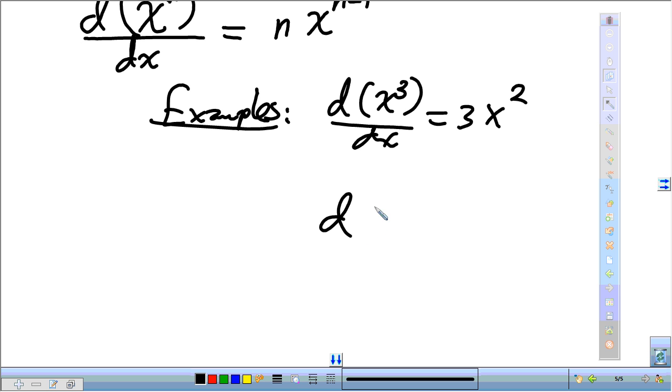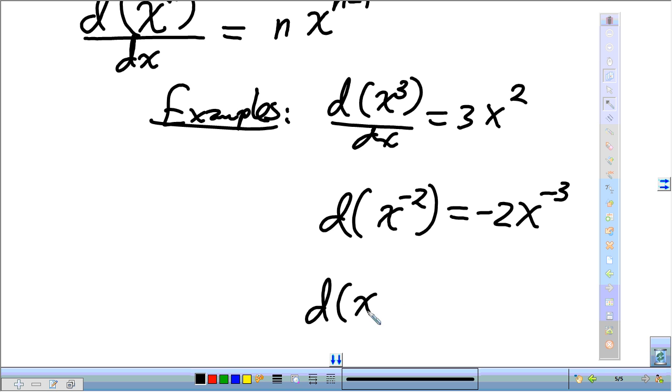The derivative of x with exponent minus 2 would be minus 2x, well, subtract 1, minus 3. Derivative of x to the 1/2 as an exponent will be 1/2 x, subtract 1 from the exponent, minus 1/2.